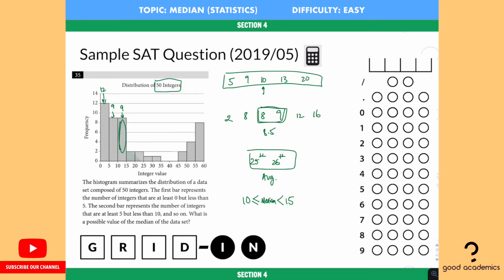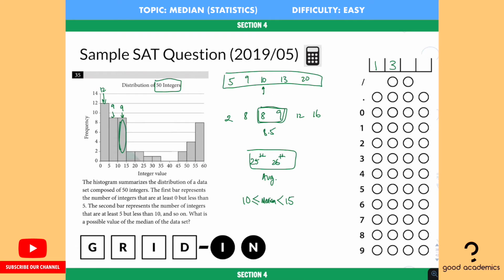If I were you, just to be safe, I would pick a number in the middle, not 10 and not 15. 10 would still be correct, 15 is definitely wrong, so let's just pick a number somewhere in the middle. The answer I will pick is 13.